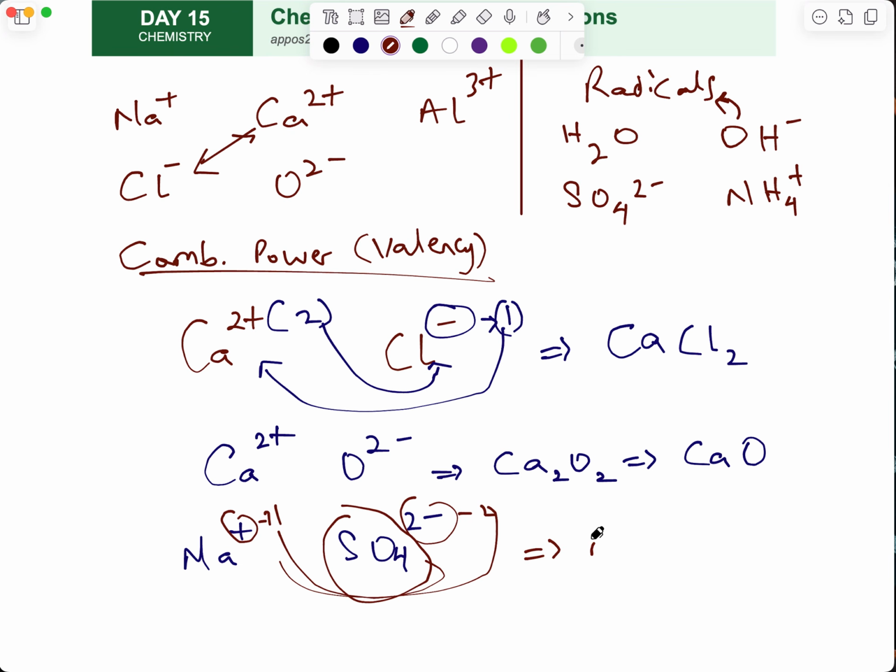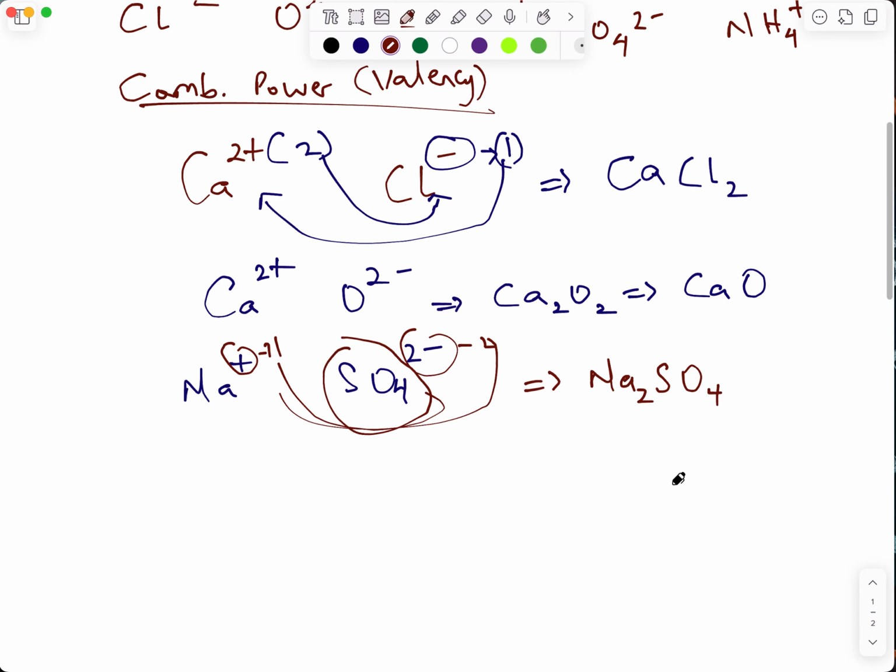So therefore, you have Na2SO4. By the way, how many atoms are here altogether? We have Na, that's 2 atoms, sulfur, that's 1 atom, and then O4, that's 3 plus 4, so 7 atoms, but 1 mole of Na2SO4.